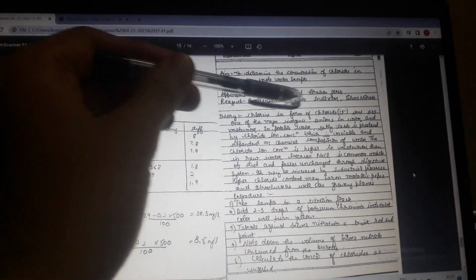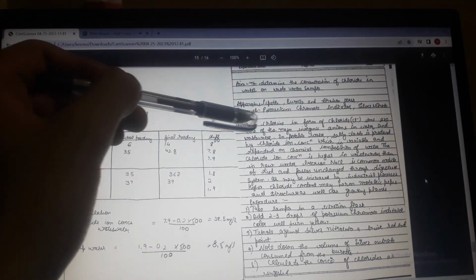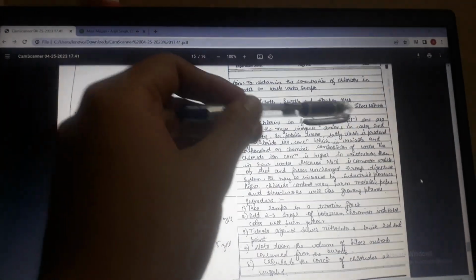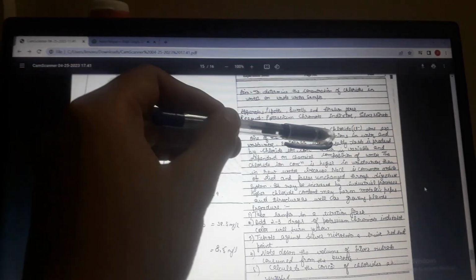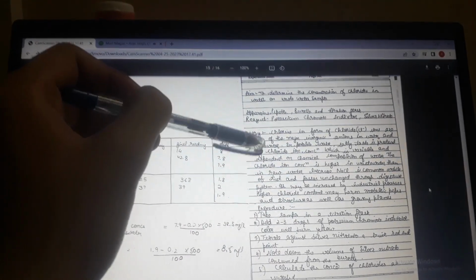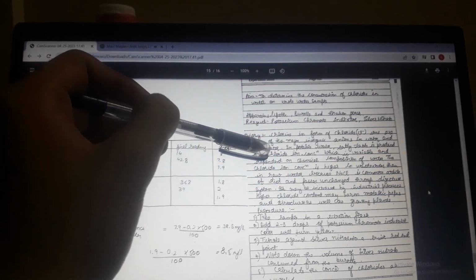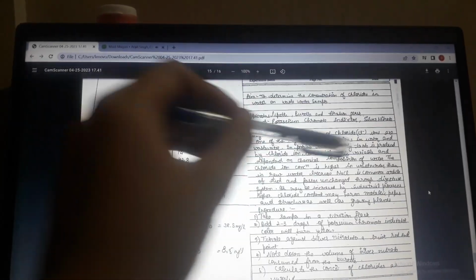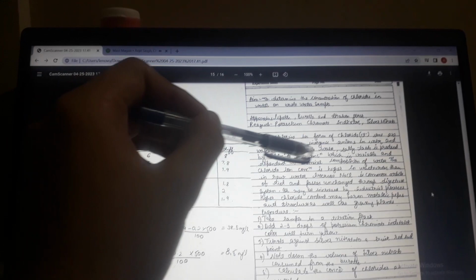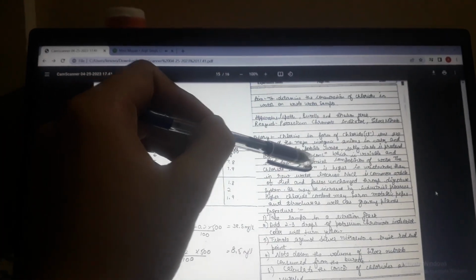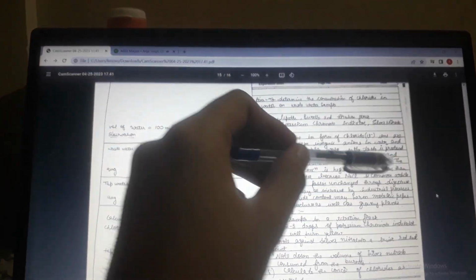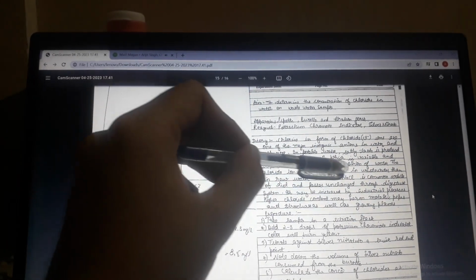Apparatus: pipette, burette, and titration flask. Reagents: potassium chromate indicator, silver nitrate. Theory: chlorine in the form of chloride ions, Cl negative, is one of the major inorganic anions in water and wastewater. In potable water, a salty taste is produced by chloride ion concentration, which is variable and depends on the chemical composition of water.